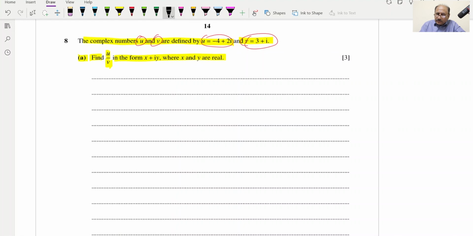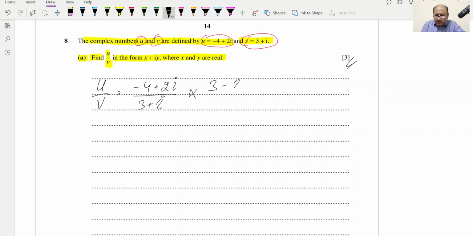This is a 3 marks question, and we can write u over v, where u is minus 4 plus 2 iota, over 3 plus iota, and we can rationalize.